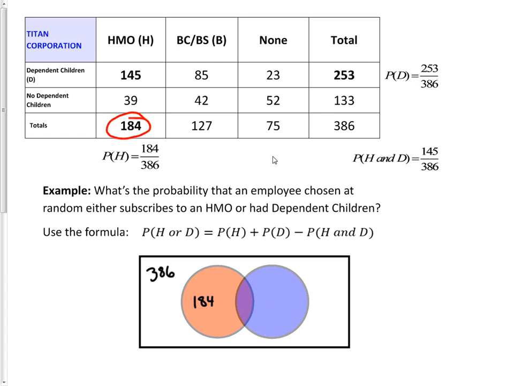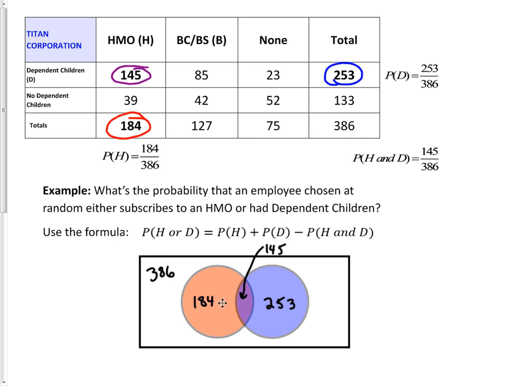And of course, we found that out of the 386 employees, 253 of them have dependent children. Now, some of them who have dependent children also have an HMO, and in this particular case, that amount is 145 of them, right? So there's 145 of them that overlap.